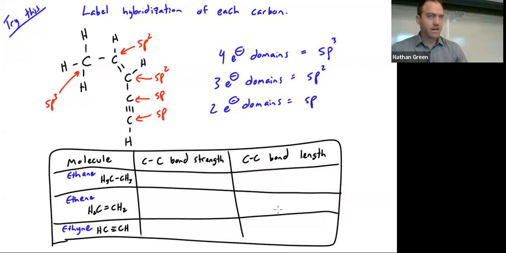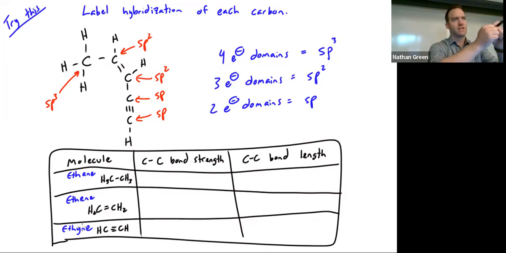What do you think is happening to the bond length as we go from ethane to ethene to ethine? Are the bonds getting shorter or are the bonds getting further apart? Shorter. Why? You're right. It's more like attraction. So if you guys are one atom and I'm another atom, and you put 2 electrons between us, we are drawn to those electrons. I don't want to be near you guys because you're positively charged and I'm positively charged.